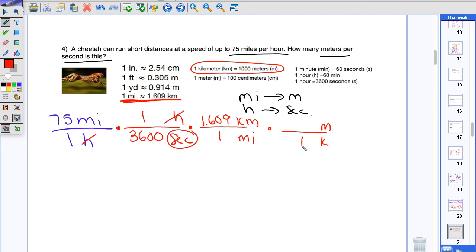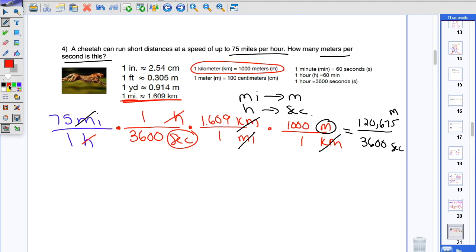Kilometers on the bottom is 1 and 1,000 meters. Make sure all our common units cancel out. Miles cancel with miles, kilometers cancel with kilometers. You're left with meters. So multiply everything across in the numerator, 75 times 1.609 times 1,000 to give you 120,675 over 3,600, and this would be meters over second.